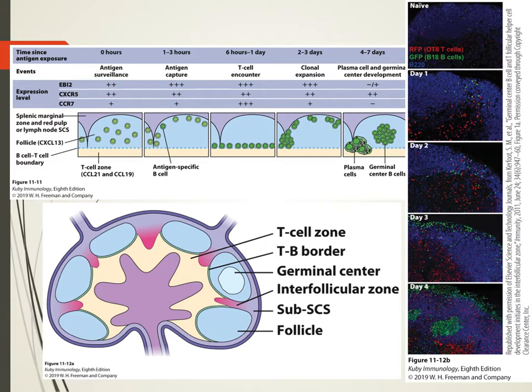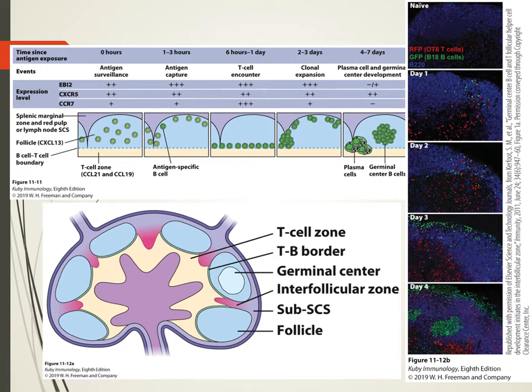So we get this migration back to the follicle away from that T cell zone at day 2 to 3. And then there's a migration back down to the T cell zone where we have the plasma cells, but we also have this nice germinal center that's formed, and that would be some of those memory cells.